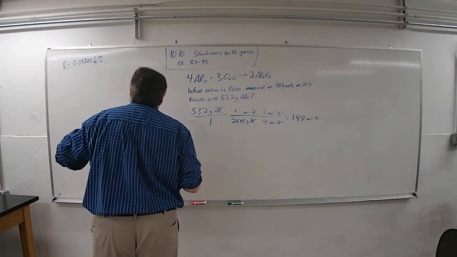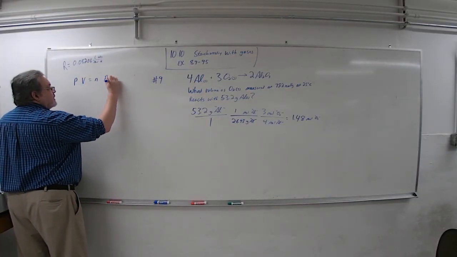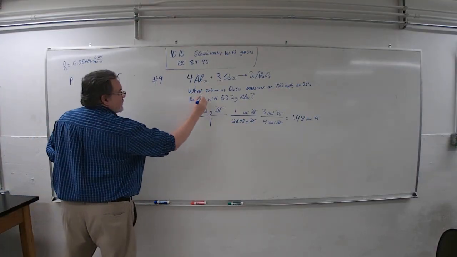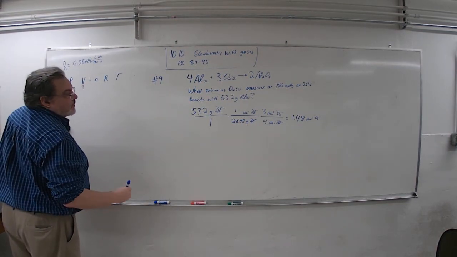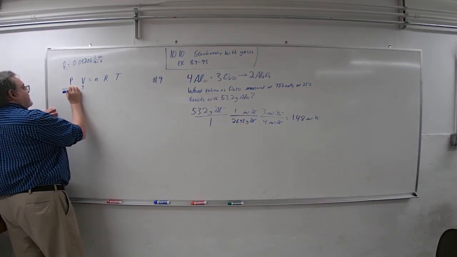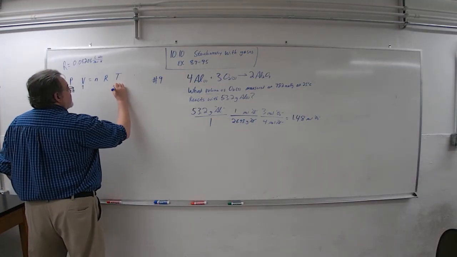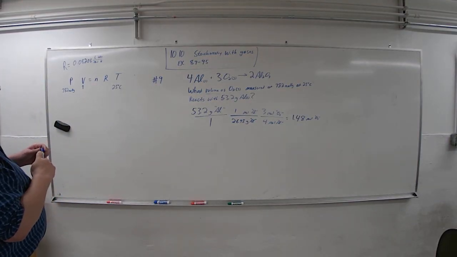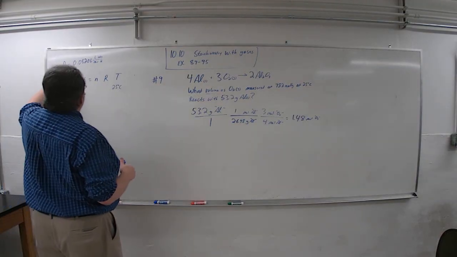All right, so now we're going to use PV equals nRT. It's asking for the volume, so this is what we're looking for. We have a pressure of 782 millimeters of mercury, and a temperature of 25 degrees C. There are probably R values in millimeters of mercury.